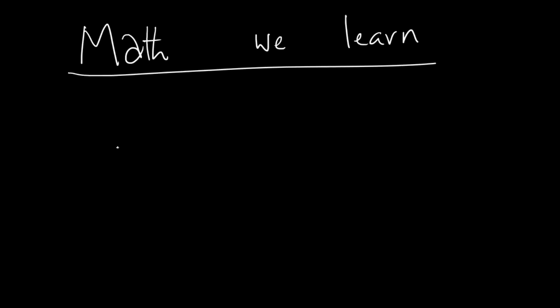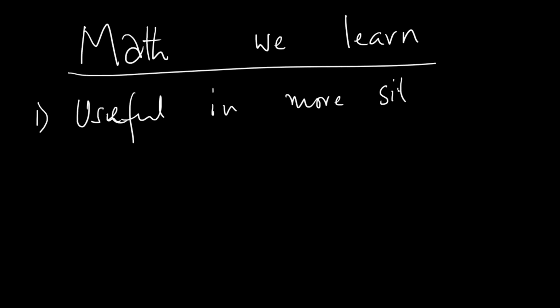So what is the advantage of all the math that we learn here? That's the cross product, dot product. First of all, it may be useful in more situations, but I think that's not the most important thing in the present situation that we are in.